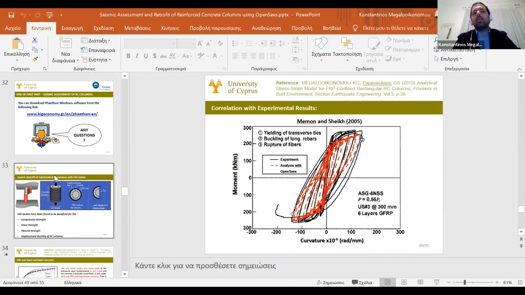For now, it's only to test. You can test a cantilever column or a double curvature column, and you can define the response for that, and maybe use this information to make your analysis in OpenSees by putting the correct parameters in some hysteretic models or other materials you have in mind for analyzing the whole structure.